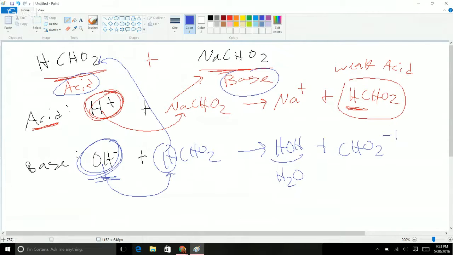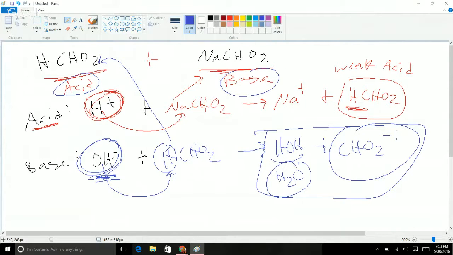Now, look at those things that we made: water, neutral, and CHO2, also a semi-neutral thing. I know it could hydrolyze and stuff, but pretty neutral. So now we're looking at two things that are neutral when OH minus was before clearly a base. So now that you have water and this guy floating around, the pH can't change because there are no H pluses or OH minuses floating around to change the pH. There you go.